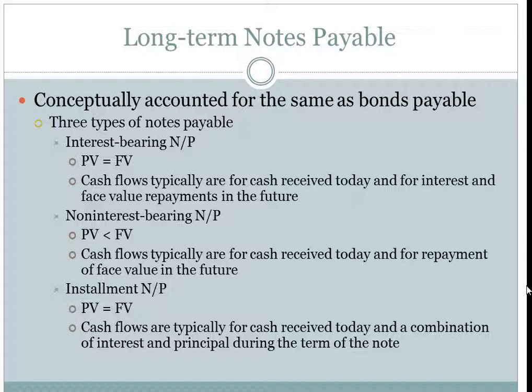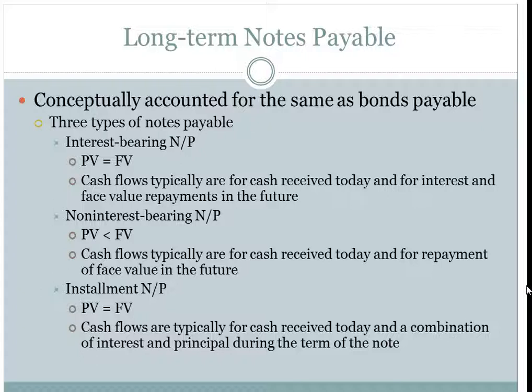Conceptually, with a long-term installment note payable, the present value is going to be equal to the face value. So you sign a note payable with a face value of $15,000. That's what you're going to get today in terms of present value. And then you will be making payments on that note payable, splitting up the cash flow between principal repayment and interest payment.